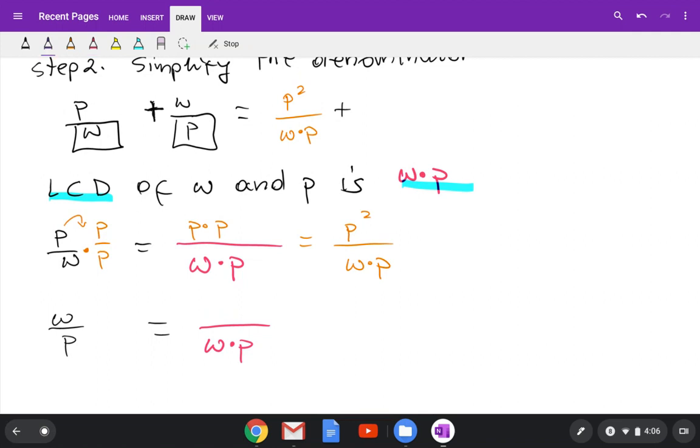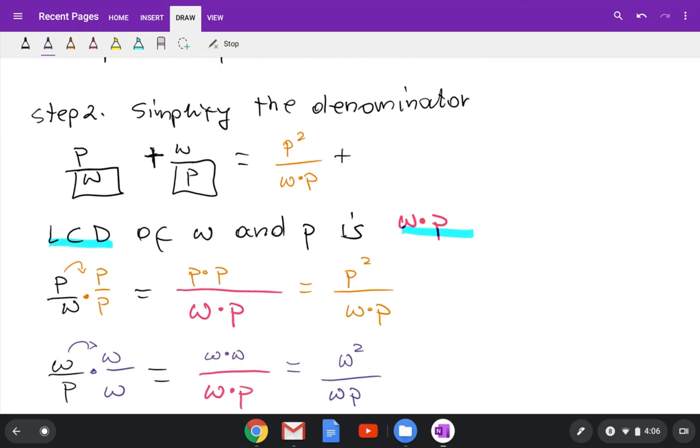We already have P in the bottom, so the missing factor is W. So I multiply bottom and top by W. Now we have W times W over P times W, which is W times P. W times W gives you W squared over WP. So the fraction W over P is the same as W squared over W times P.